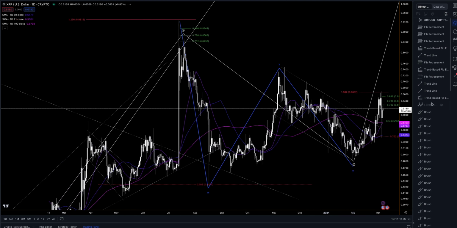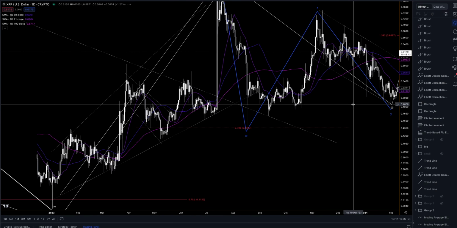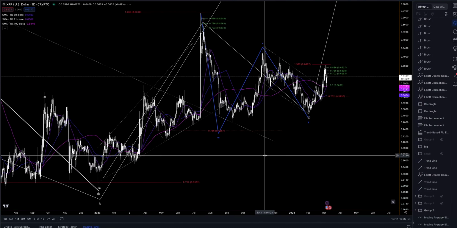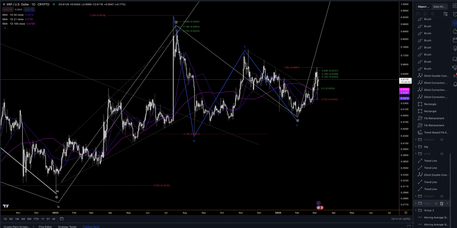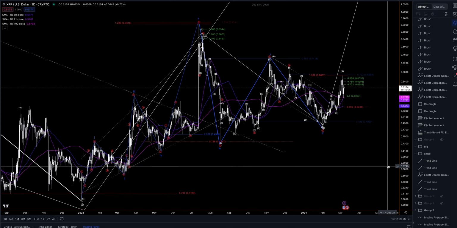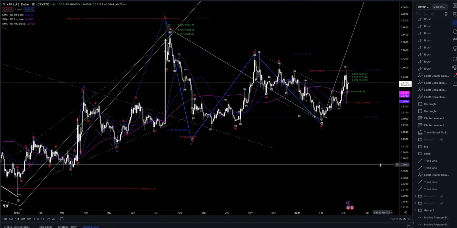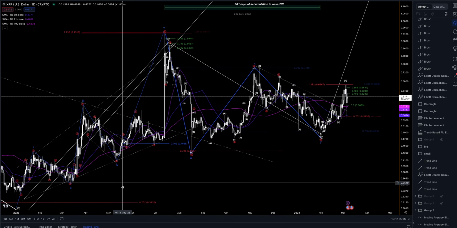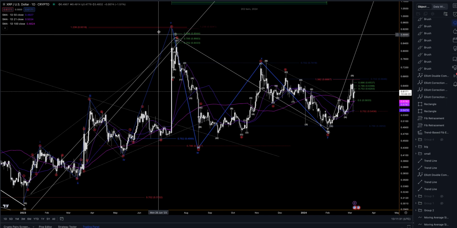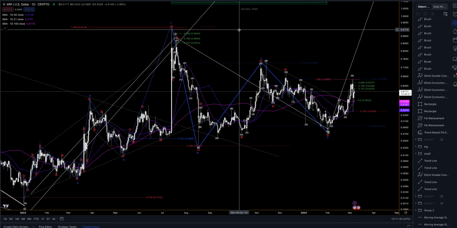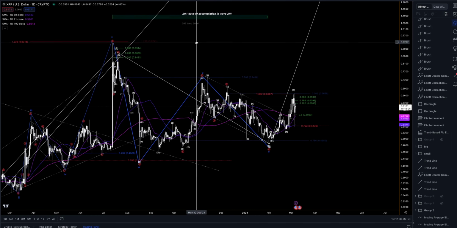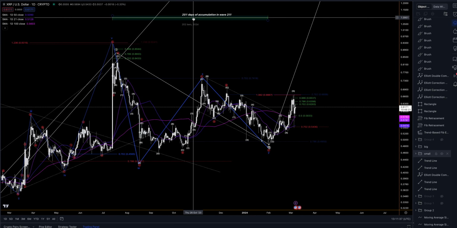Now, let's take a look at the small time frame wave count that I have over here. This is the wave count going all the way back to January. You had your wave 1 here with an extension in the 5th wave, and then for your wave 2, you had over 201 days of accumulation.